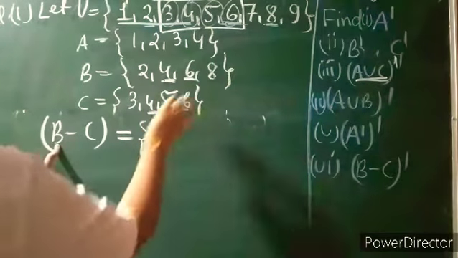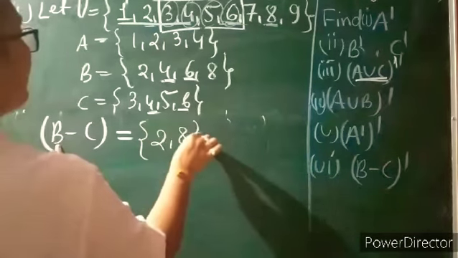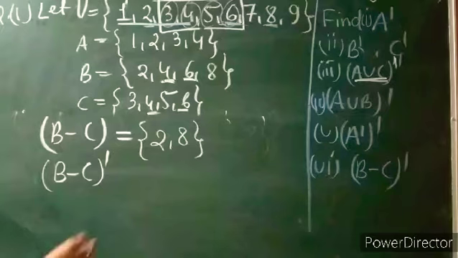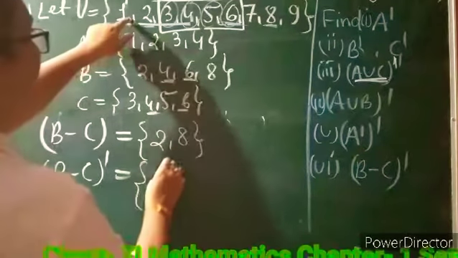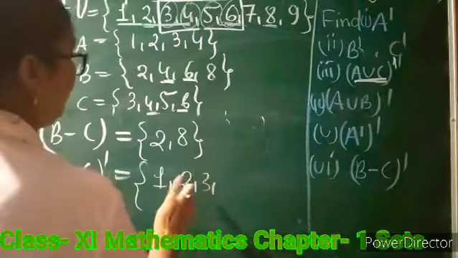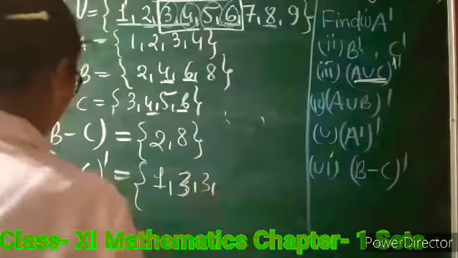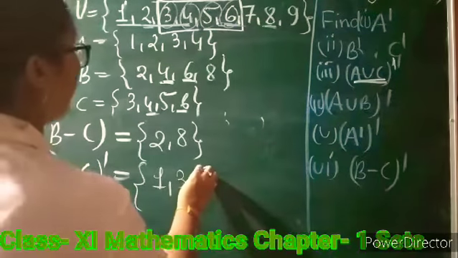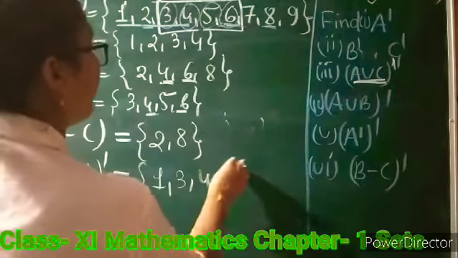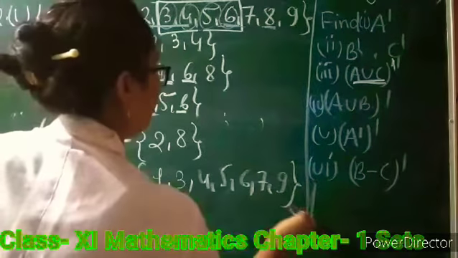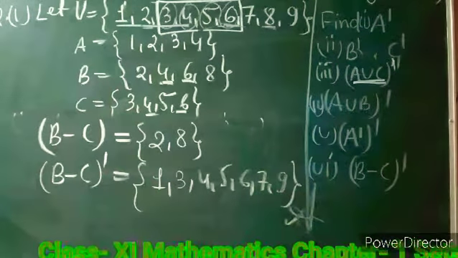So only we take here 2 and 8, and we want the complement set of B minus C. So we write here, except 2 and 8, all members: 1, 3, 4, 5, 6, 7 and 9. It is our answer.